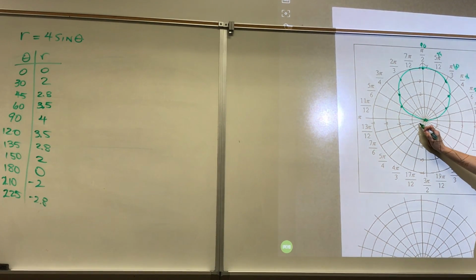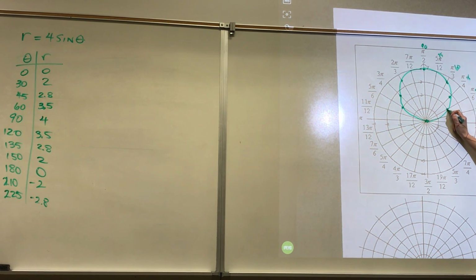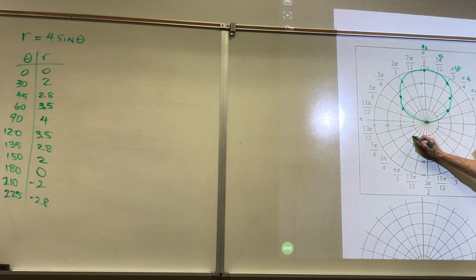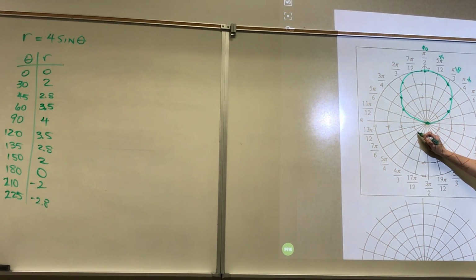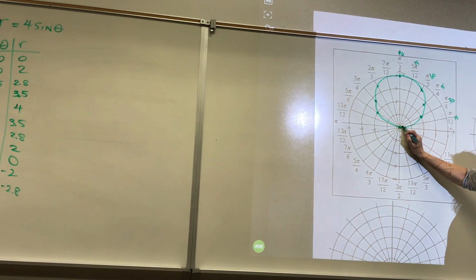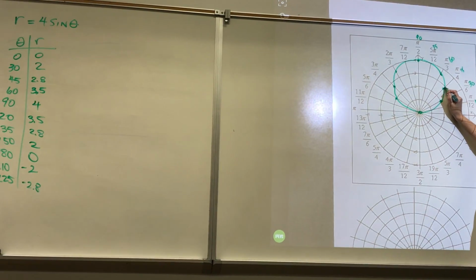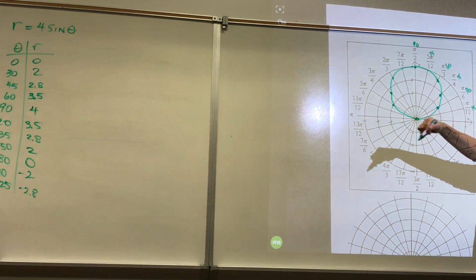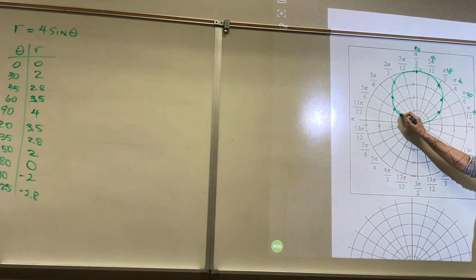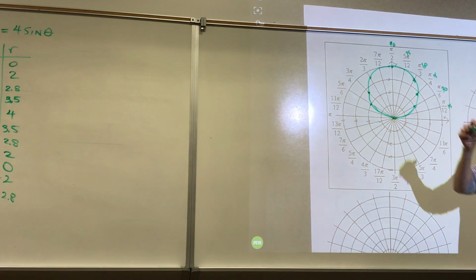So we're actually coming back this way. 225 is the 45-degree angle in the third quadrant, but we're going to shoot backwards since our r is negative. 2.8. And if I continued, I would continue getting these points and create a circle.